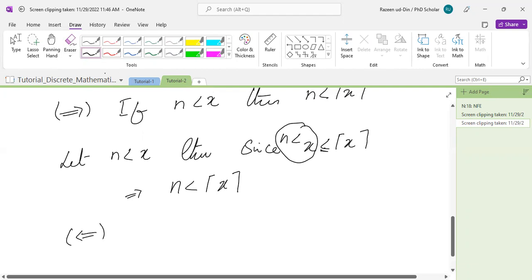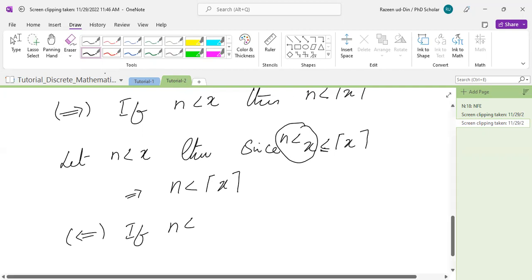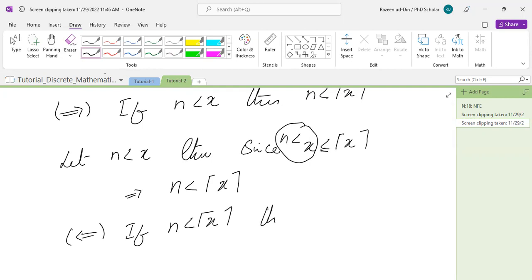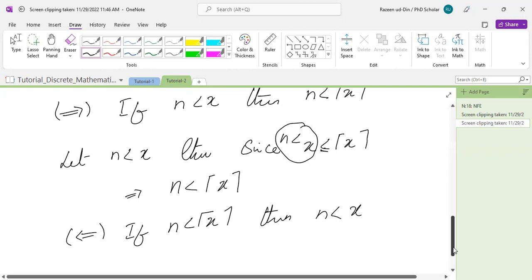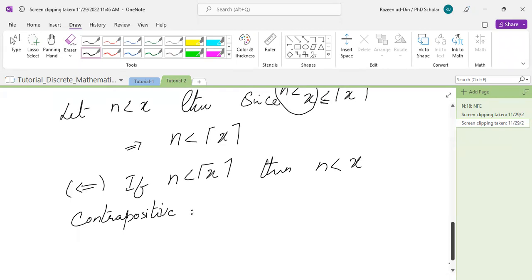Okay, now we proved the forward statement. The backward statement is if n is less than ceiling of x, then n is less than x. Again, you can prove it by any technique. I am using the contrapositive statement first, and both are equivalent.